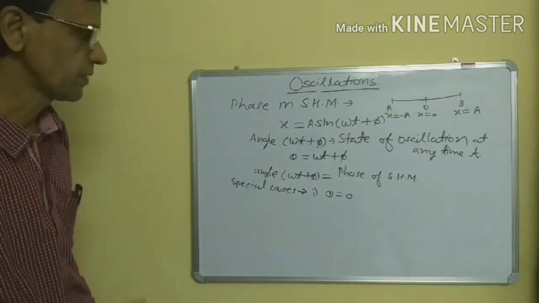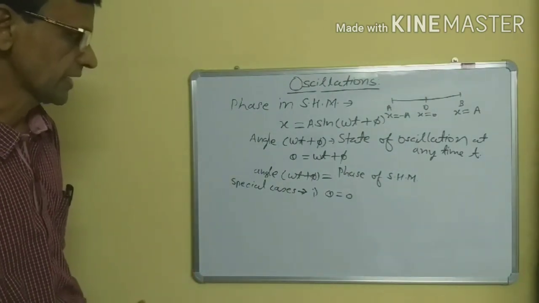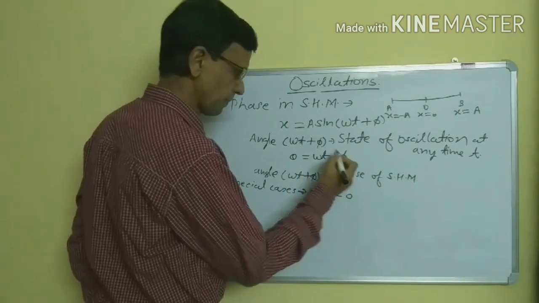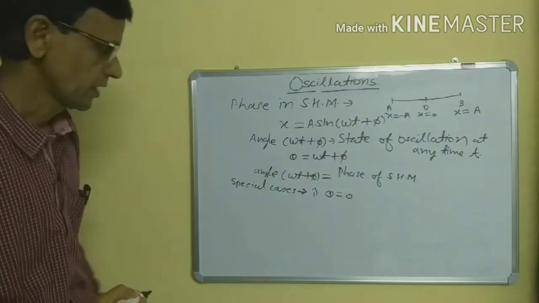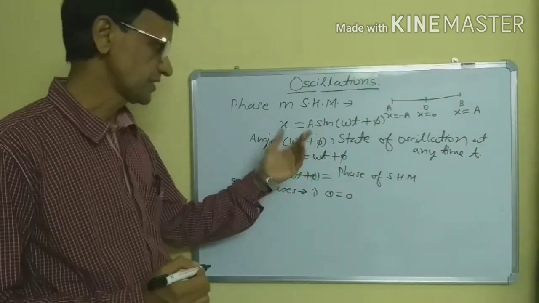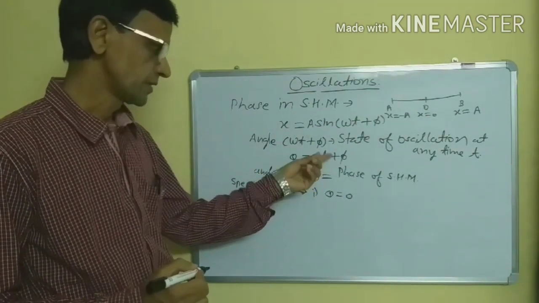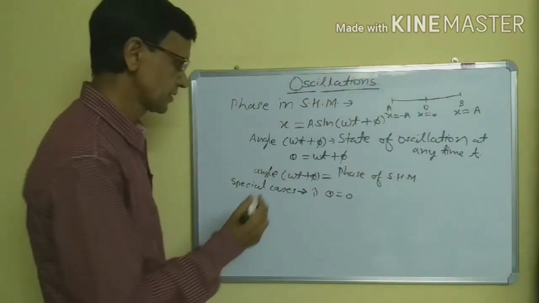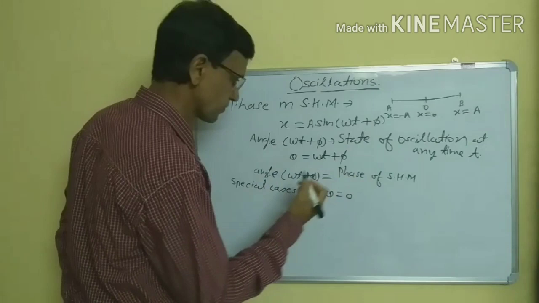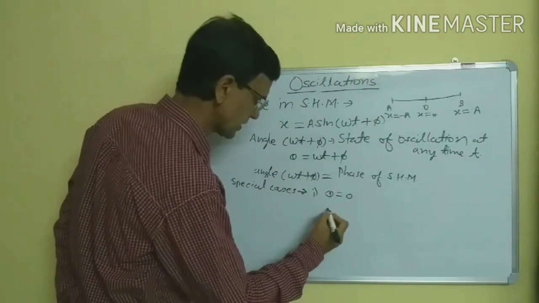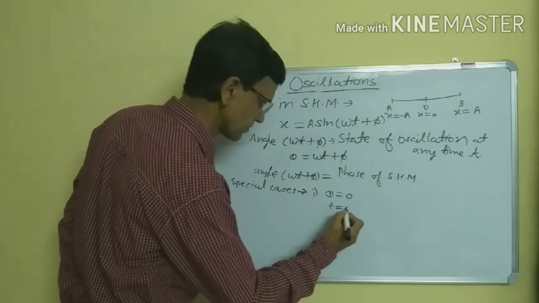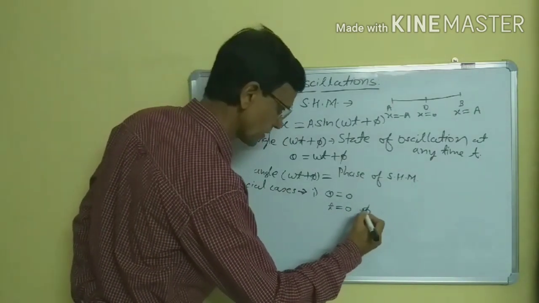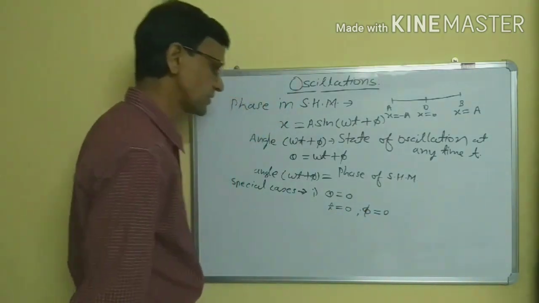The particle will be along the x-axis. We call phi the initial phase, and t is the time. At any instant of time, the particle reaches a particular point, and we can have theta equal to 0. For this condition, time t is equal to 0 as well as initial phase phi is equal to 0.